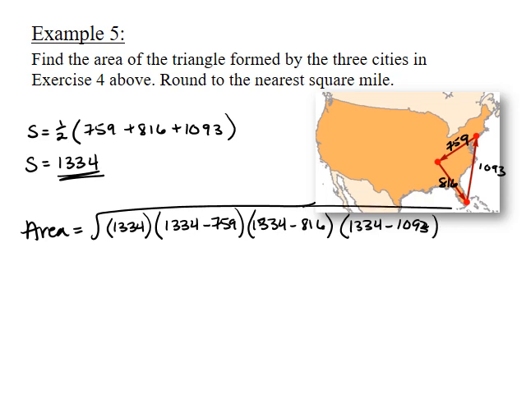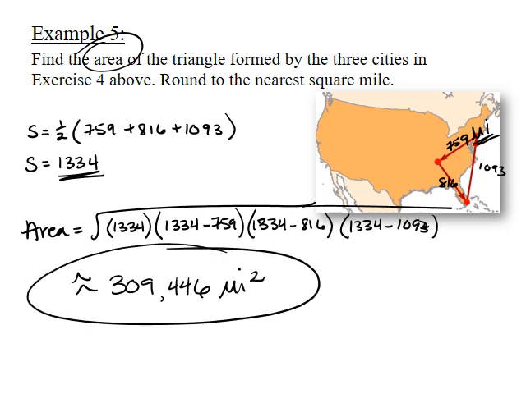Plug this into your calculator and you'll find that the area is approximately 309,446. Since we are finding the area and these values are measured in miles, my final answer will be in square miles.